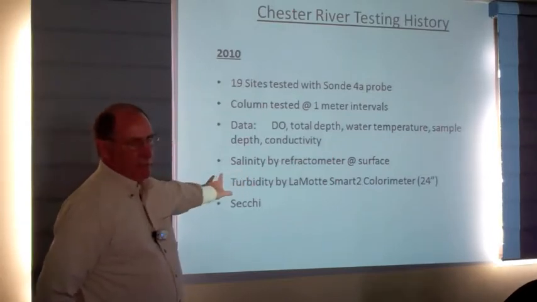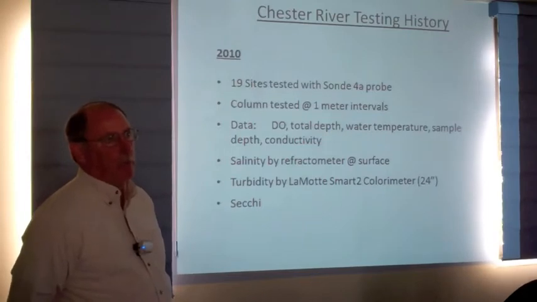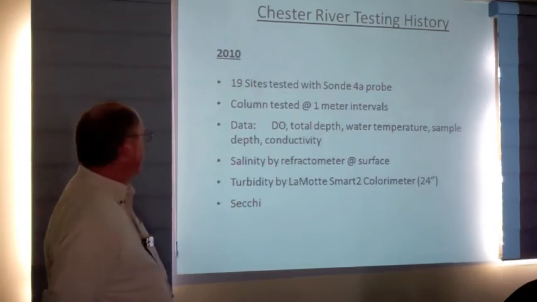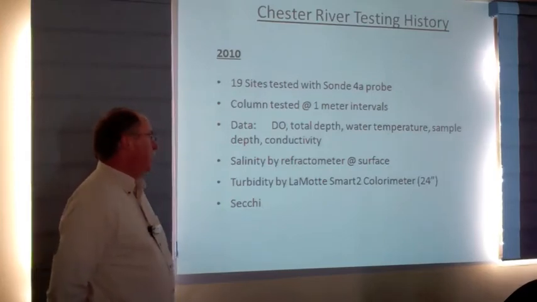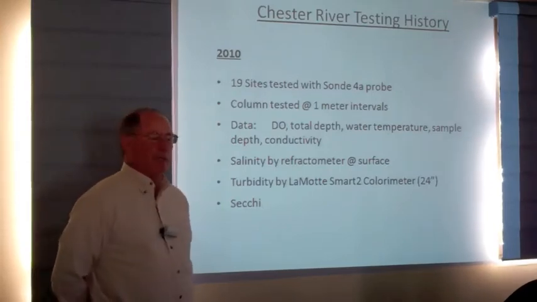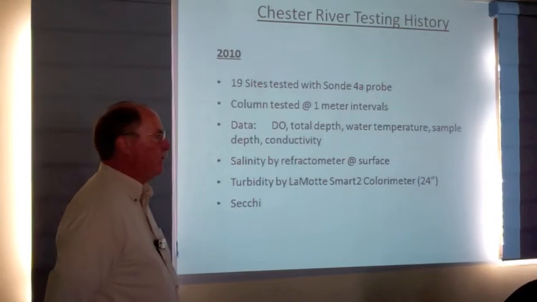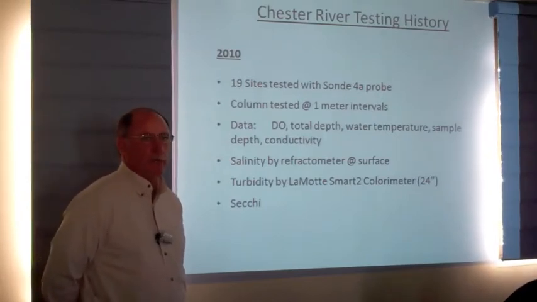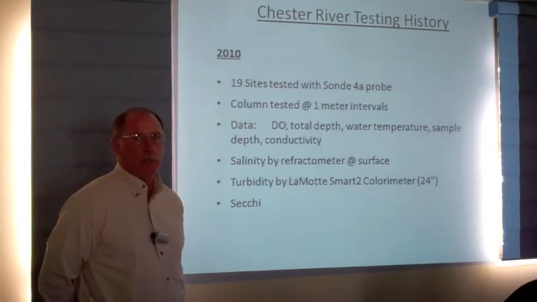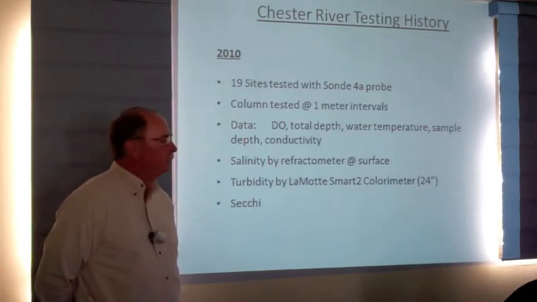Salinity was collected just with one surface sample with a refractometer, and turbidity was collected using the Smart 2. A sample was collected and tested for turbidity in the Smart 2 colorimeter, which gives a direct read when compared against a standard NTU sample.